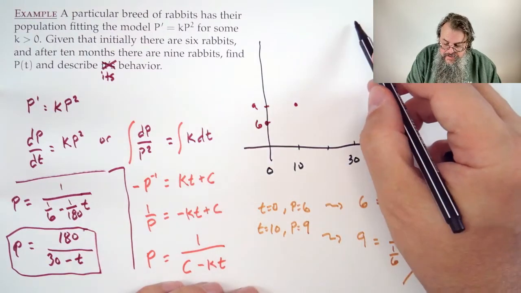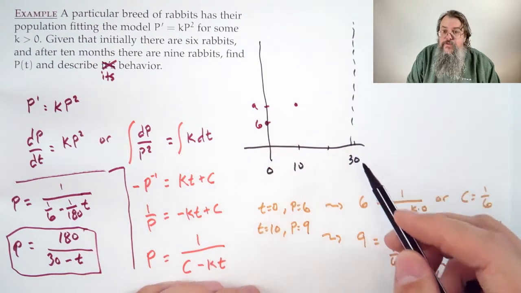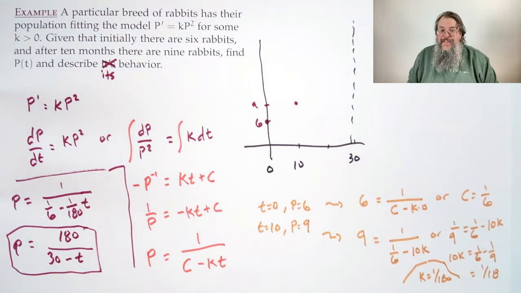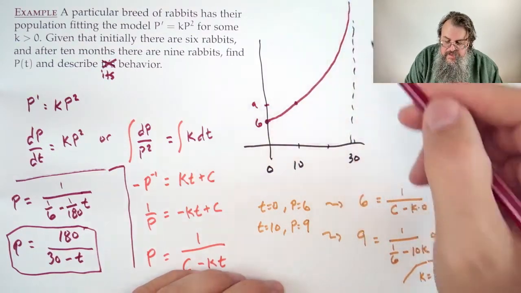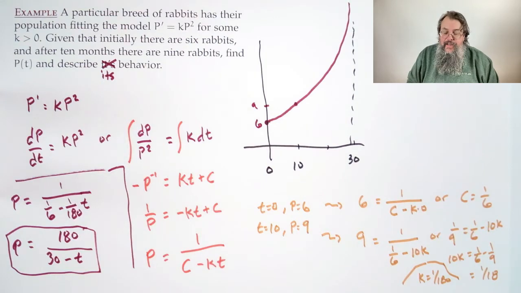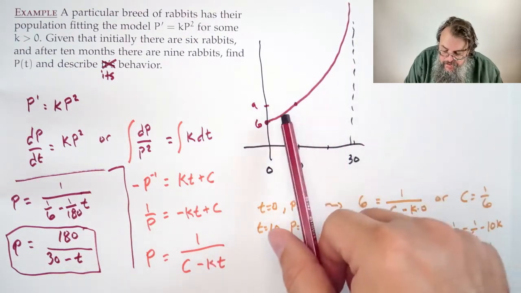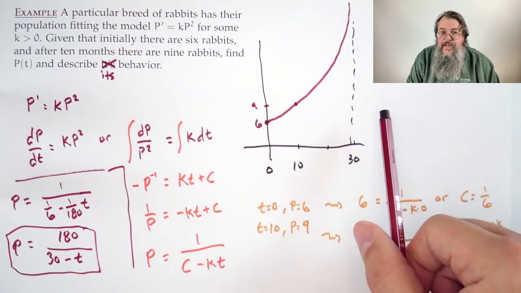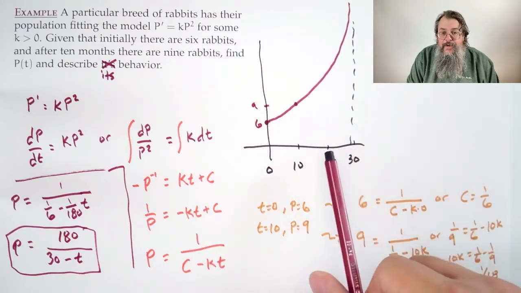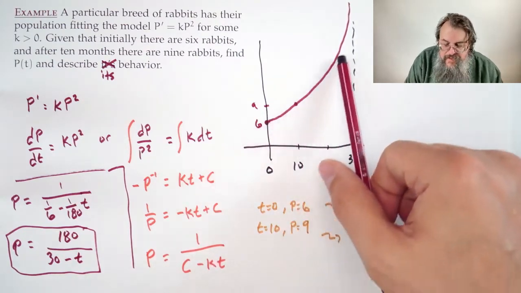So there's this asymptote. And so what's going to happen is that it's going to go up, but then it's going to blow up. And you'll see, of course, once we hit the asymptote, past 30, we can't see anything. But just think about what this is implying.